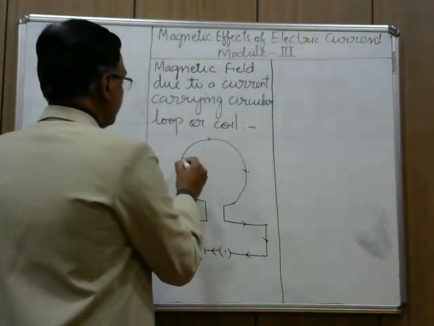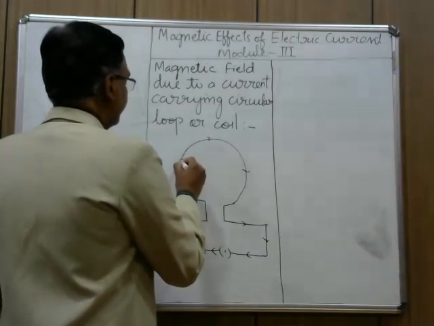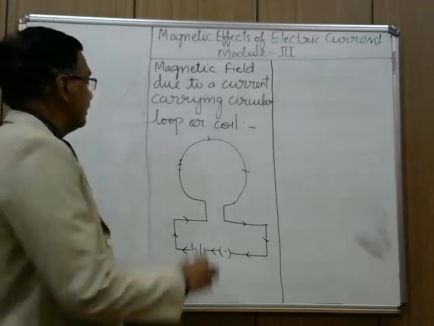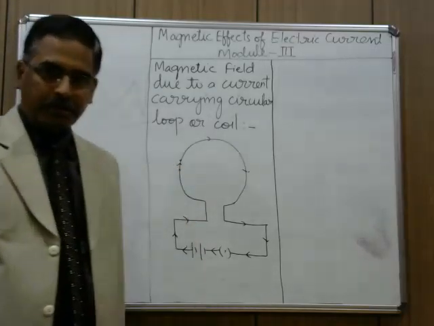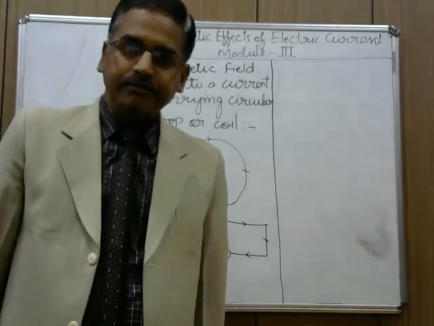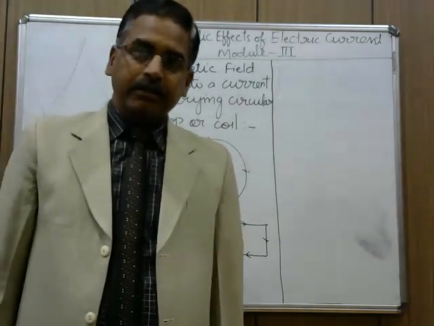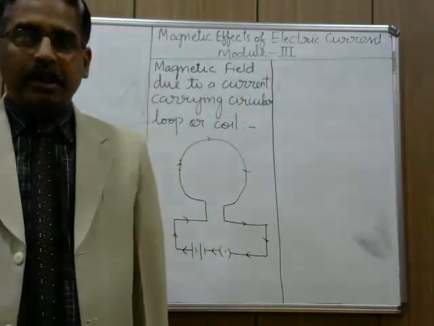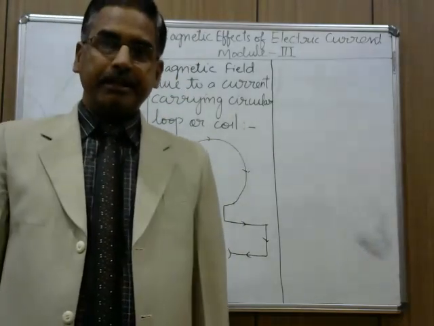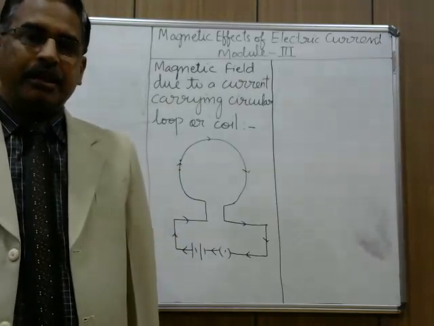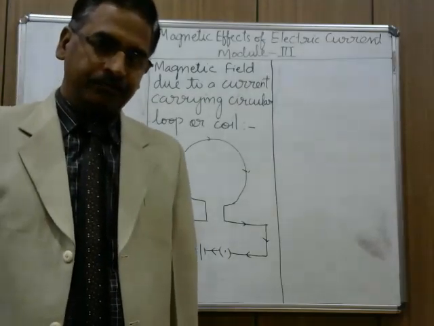Suppose, first we consider this small part of the circular loop. You can see this small element of the circular loop can be considered as a straight conductor. And when current in the straight conductor is upward, then the magnetic field produced by the straight conductor is anti-clockwise.